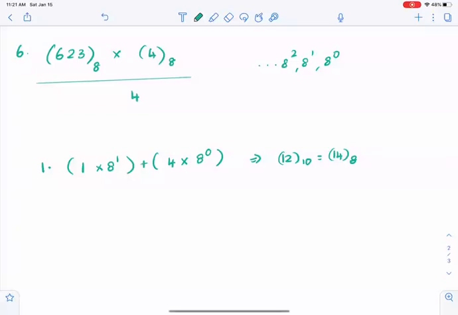So I'm going to put 4 here, carry 1. 4 times 2 is 8, 8 plus 1 is 9. So 9 in base 10 needs to be converted to base 8.